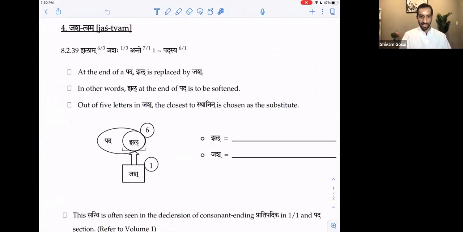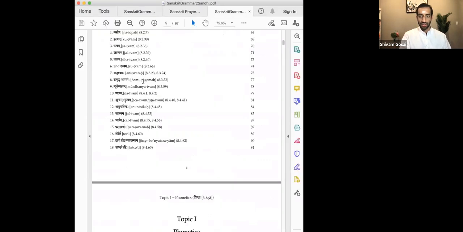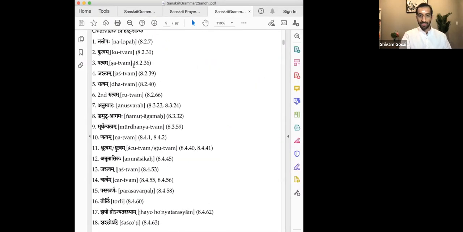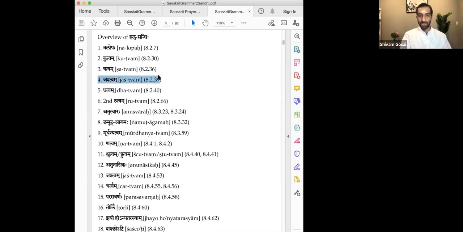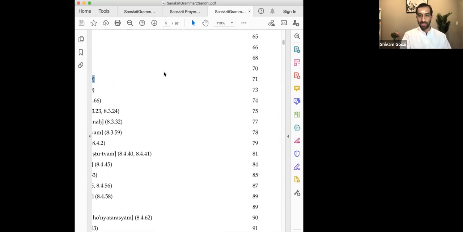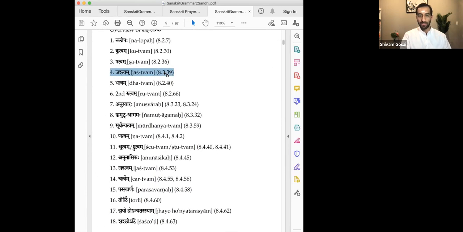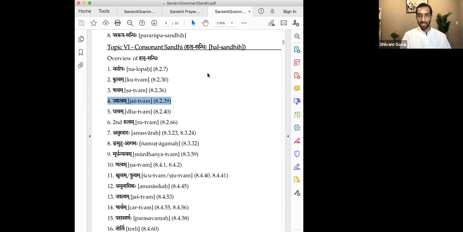My page numbers are slightly different. But I have jaśtvam number 4. Find the number 4 jaśtvam. That's on my page 71. We're in topic 6, consonant sandhi, jaśtvam.